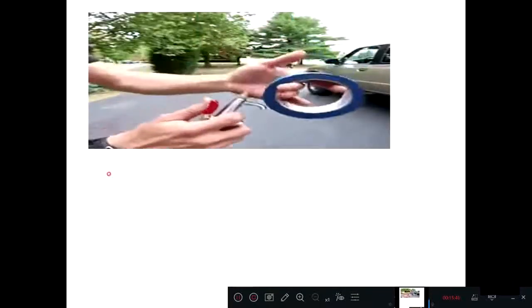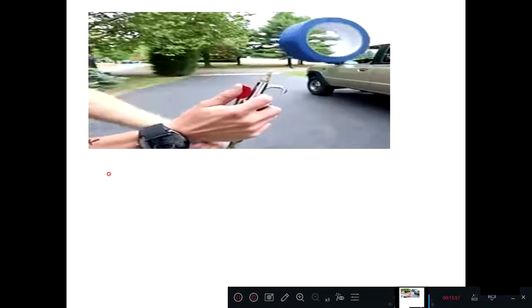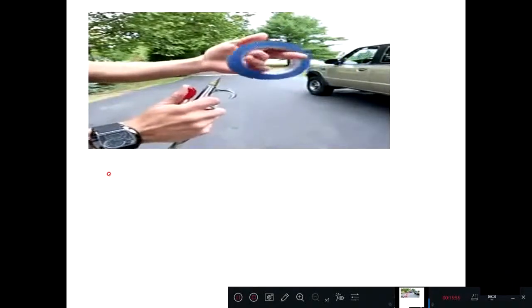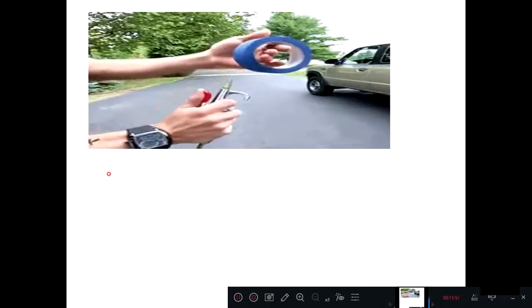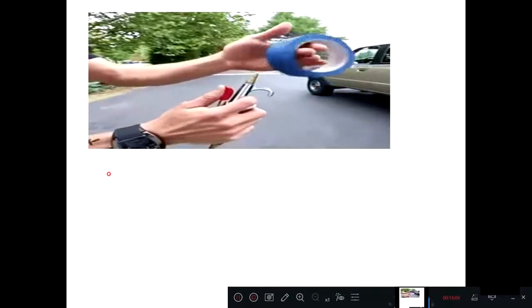Again here also you can look and ask how it is possible. This person is applying air to that wrapper. How is it possible?